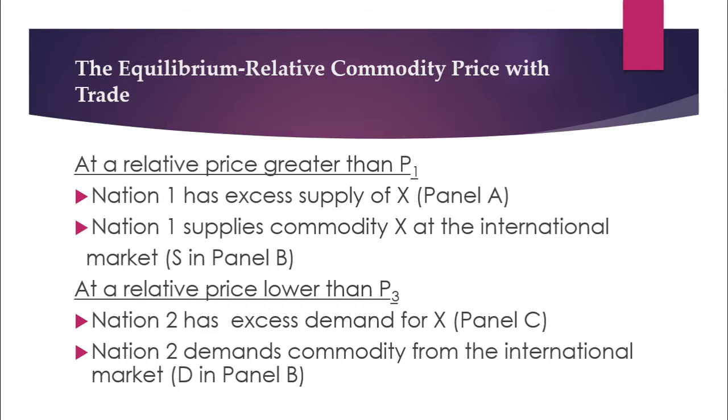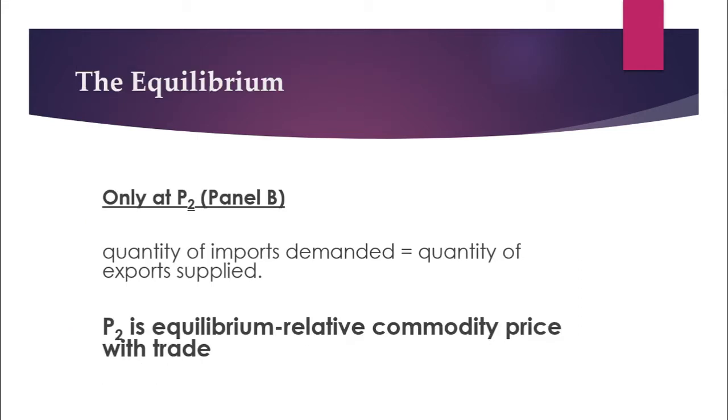And at a relative price lower than P3, nation 2 has excess demand for X and nation 2 demands commodity from the international market. So only at P2, quantity of exports supplied is equal to quantity of imports demanded, and P2 is the equilibrium relative commodity price with trade.